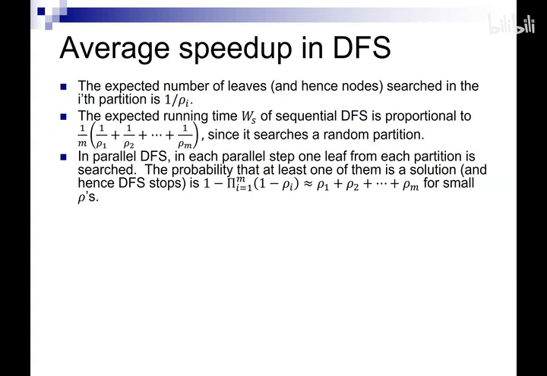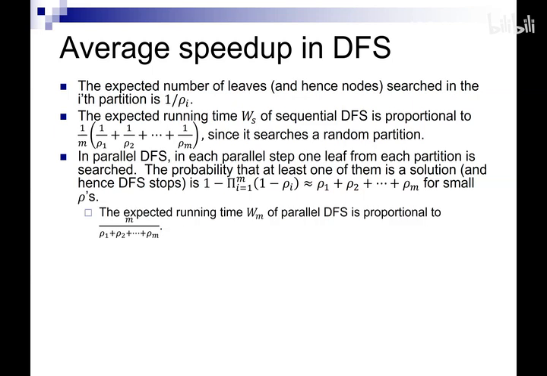Assuming the rhos are small, this quantity is approximately equal to the sum of all of these rhos. So the expected running time of the parallel algorithm is this: for each time step that the parallel algorithm runs, there is this probability that one of the leaves is a solution.